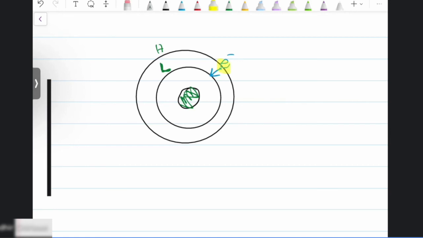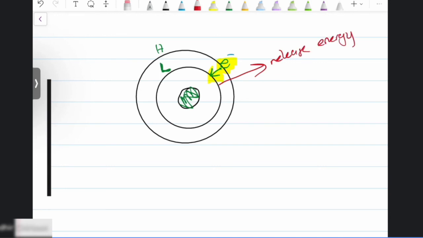Whenever we go from a higher energy level to a lower energy level, there's a difference in energy. You're essentially losing energy, but there's no such thing as a loss of energy. When this electron goes into a lower energy level, it's going to release energy this way.